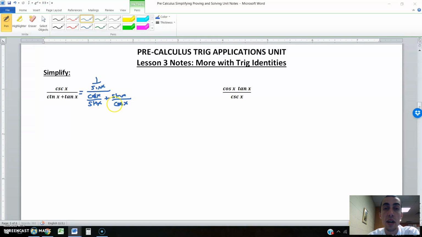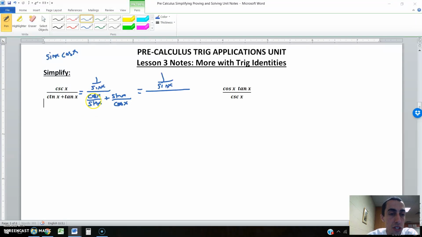This denominator here I see as two fractions. If we use common denominators, we can combine them into a single fraction. So our numerator remains unchanged. Now my common denominator will be the two denominators multiplied together, so that would be sine x, cosine x.